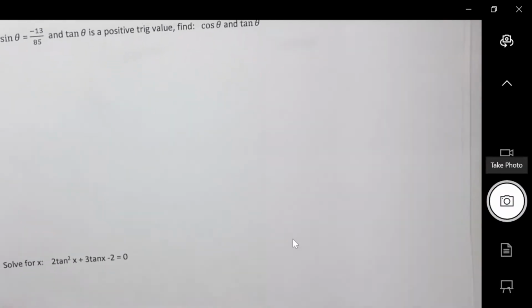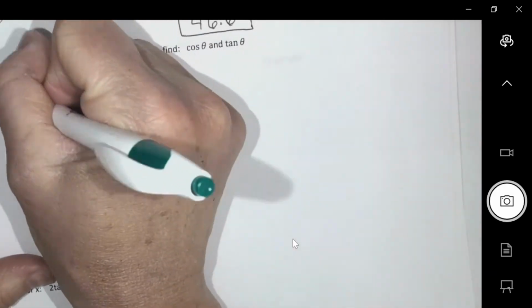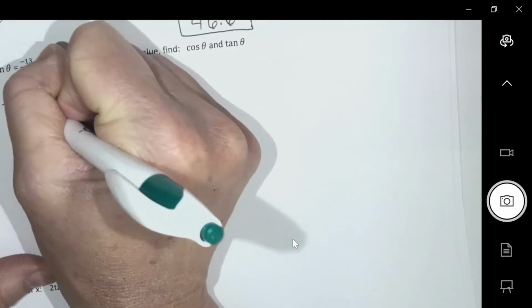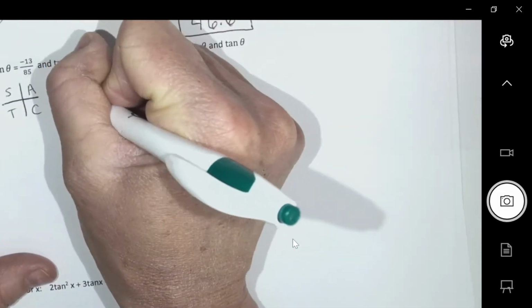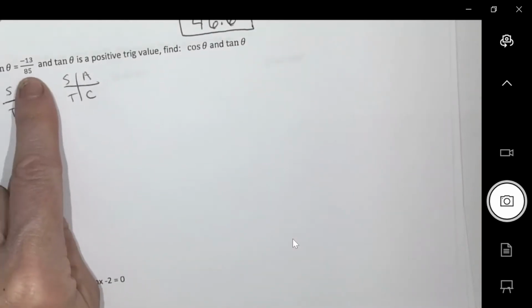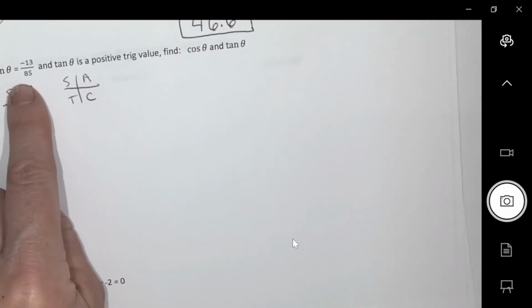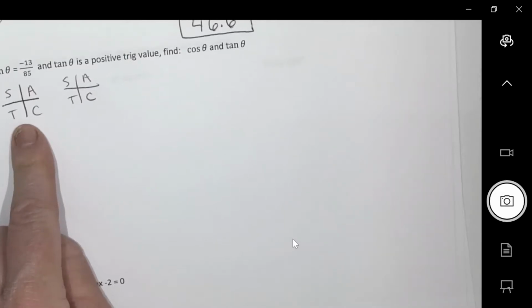All right, second trig unit we had was the trig equation stuff. So let's remember this: ASTC. Is that coming back to your brain? Okay. Sine of the angle is negative. Where could this angle be? If sine is negative, where could it be?